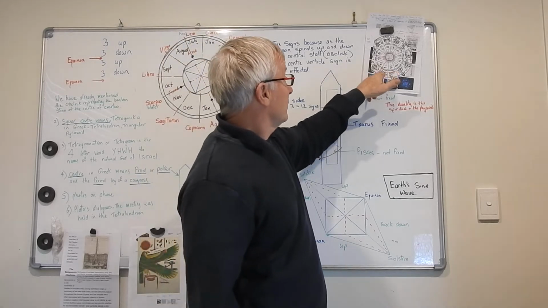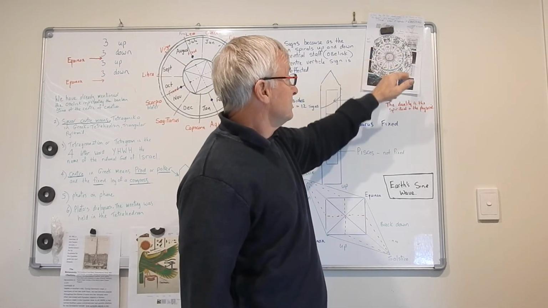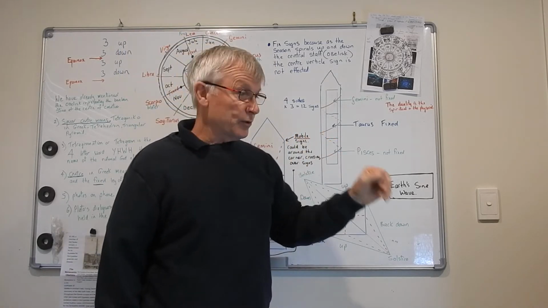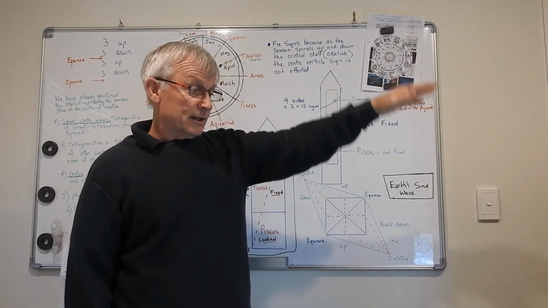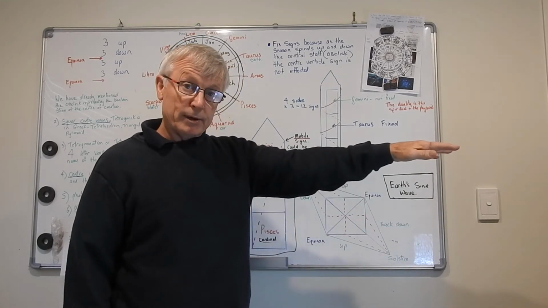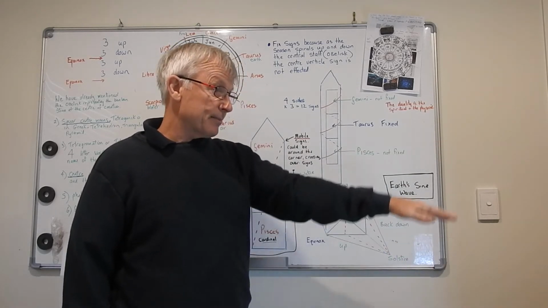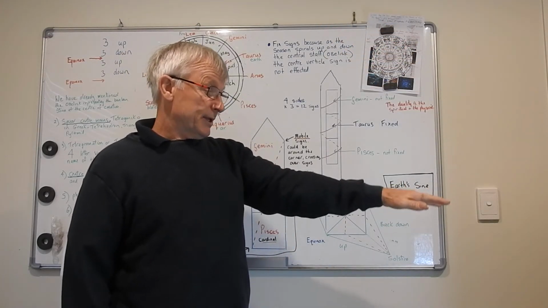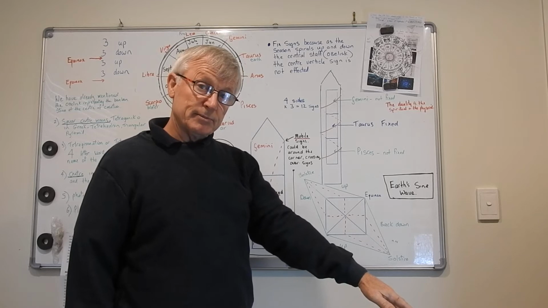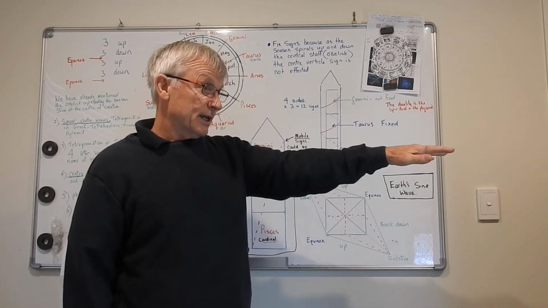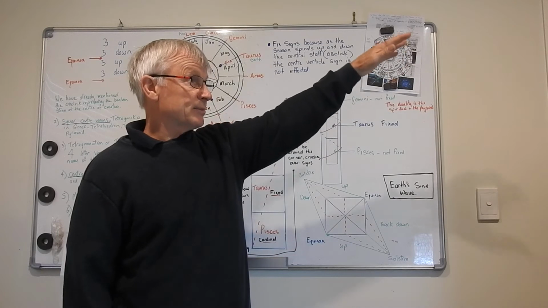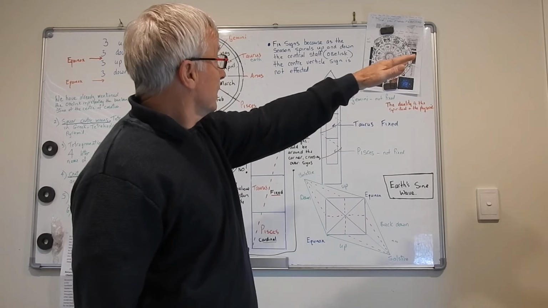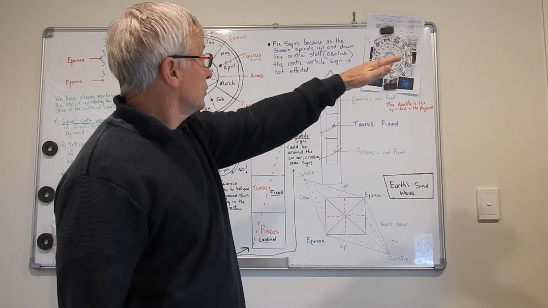But the sun, over the full year, goes down from equinox 3 months to the December solstice, back up to equinox, then slowly up to the northern solstice in June.